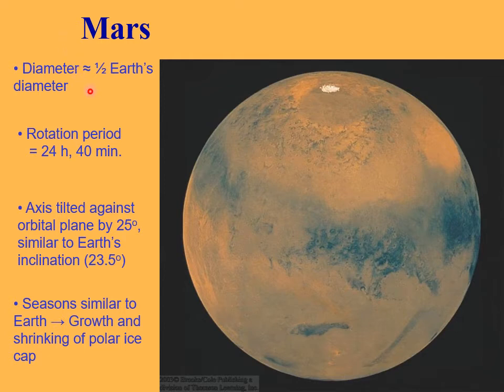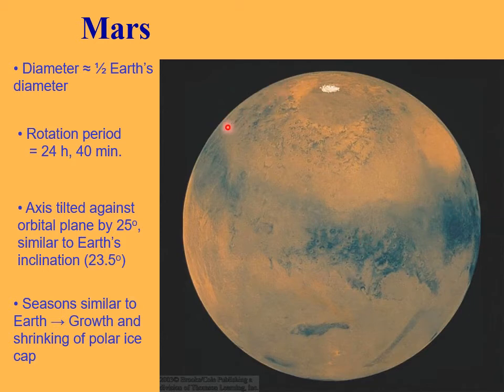It's about half the Earth's size, but it has many Earth-like features, including a rotation period that's very similar to our Earth's. The Martian day is 24 hours and 40 minutes. The other thing about Mars is its axis is tilted, just like the Earth's is, and this causes seasons on Mars. So Mars warms up during the summer months, and Mars cools down during the winter months.